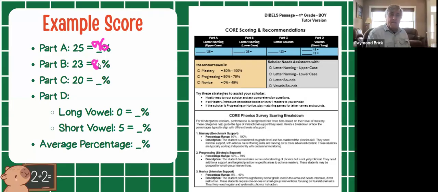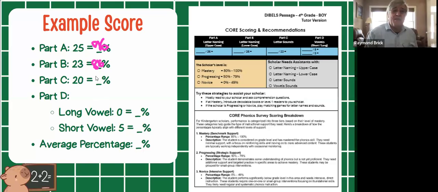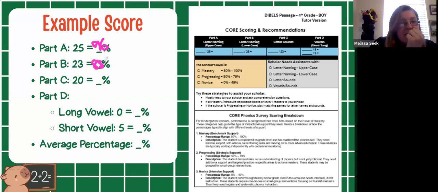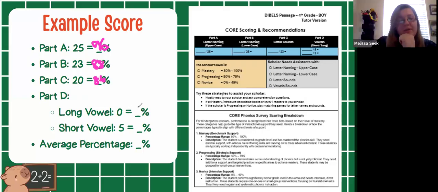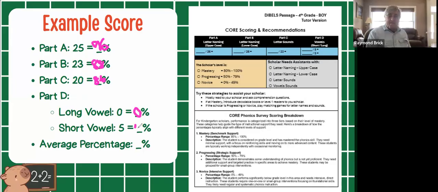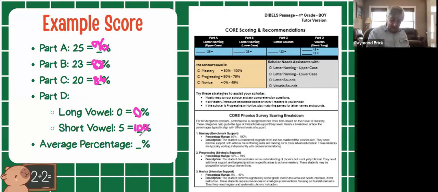For B, 88. I'm sorry. Yeah, for B, 88, and then 86. And then part D, we'll do long vowels first. 0. And then short vowels, 100. And then what we get is our average percentage. What did I get? 74.